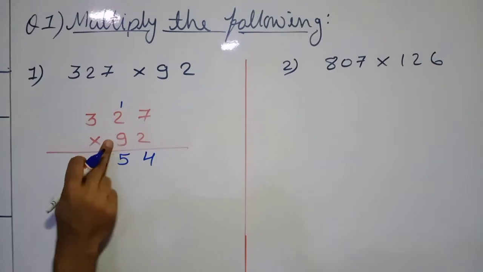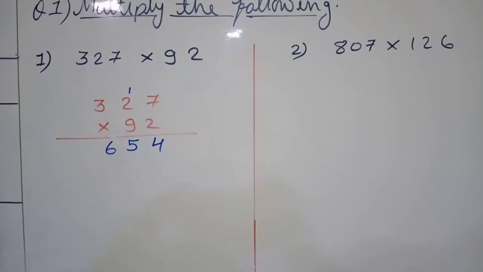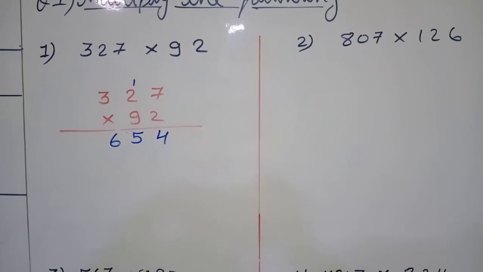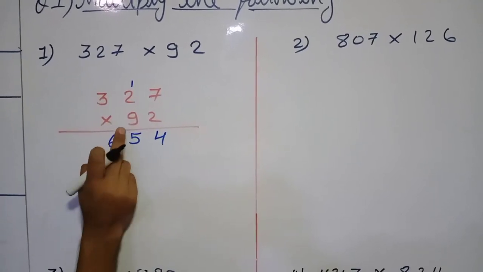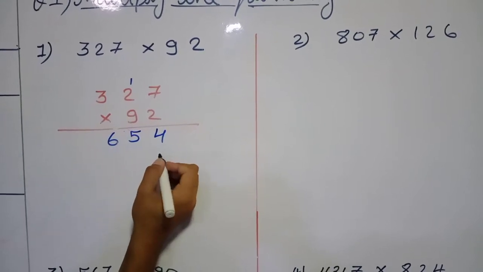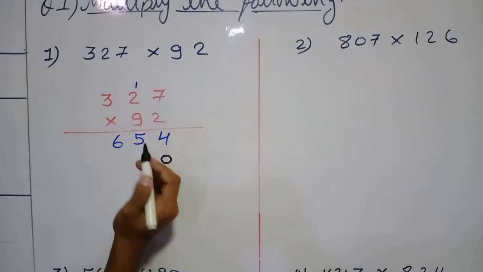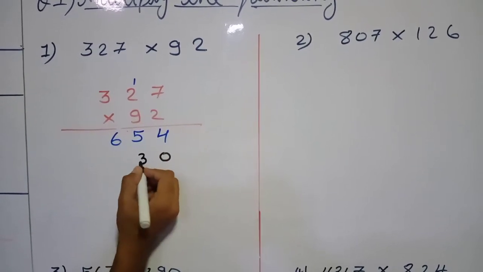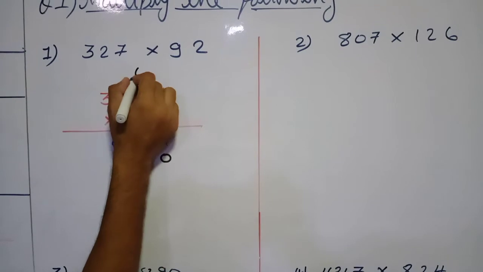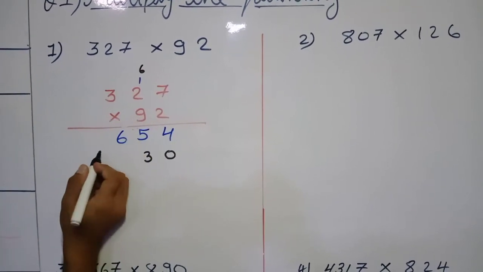Now we are going to multiply by the tens digit, that is 9. The same thing we learned: while multiplying by the tens digit, at the place of unit in the next line we have to put 0. Now 9 sevens are 63. 3 will be here and 6 will be carried. 9 twos are 18.